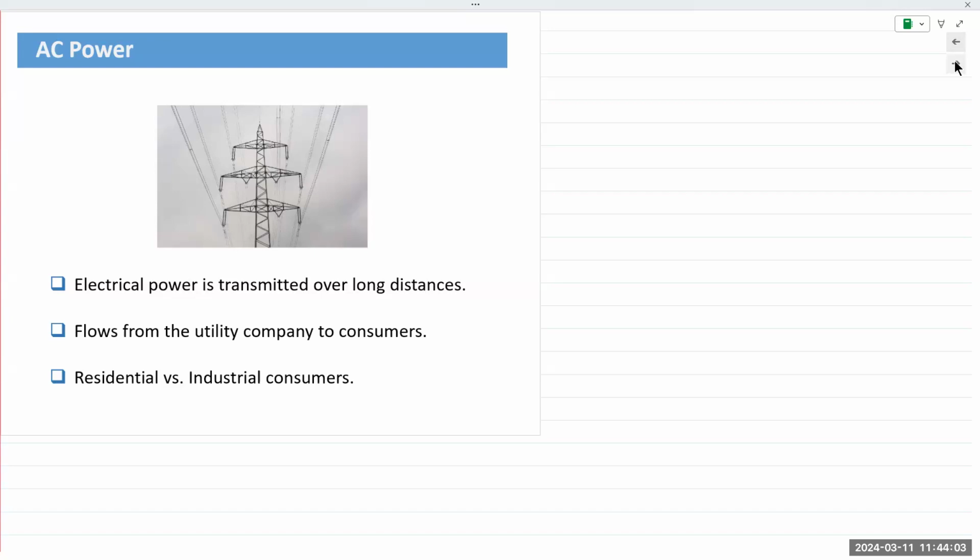On a side note, that is also the reason why appliances, especially electrical heaters, have warnings on them: do not use an extension cord or an extension power strip with that heater. It is because the electrical heater draws a lot of current through the electrical outlet. If it draws a lot of electrical current, the wires tend to heat up. Most consumers will not look at the power rating of an extension cord or power strip.